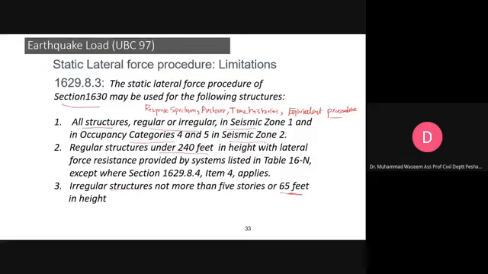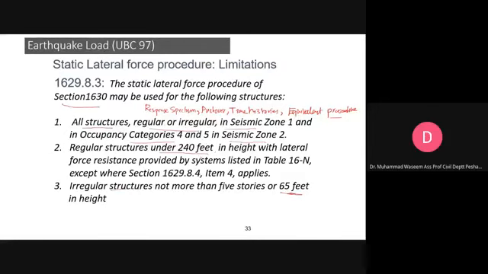This procedure can be used for all buildings, either regular or irregular, located in zone 1 or zone 2. It can be adopted for regular structures up to 240 feet height.